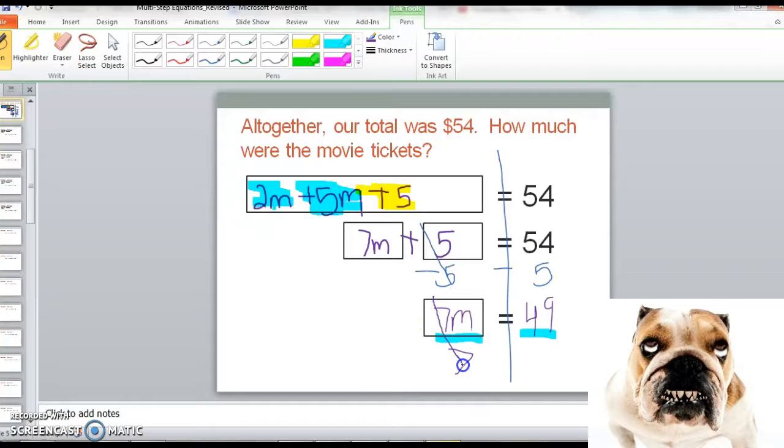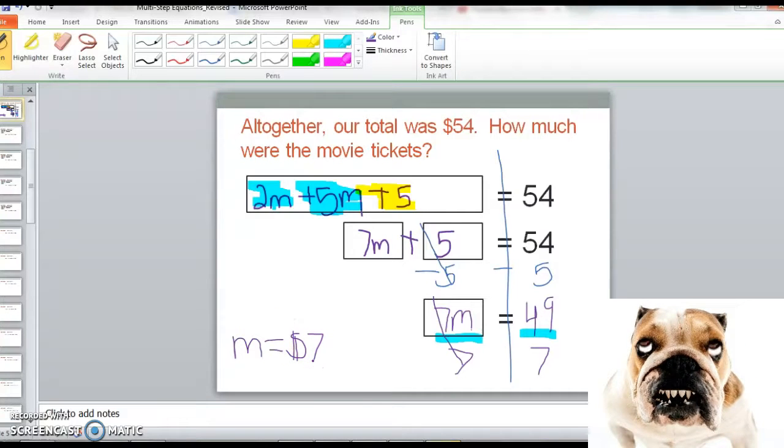That cancels out 7 on this side. So then I'm just left with m equals 49 divided by 7, which is $7. So that means each movie ticket costs $7.